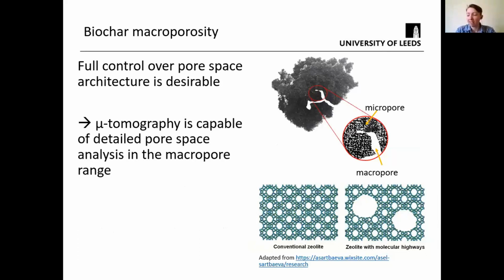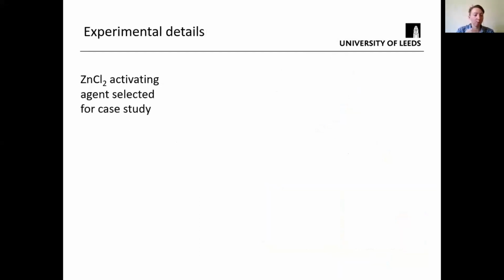Microtomography is a key technique for pore space analysis on this scale. And I'll show you some work on why I think that is. So for this experiment, I chose one key activator, which is commonly used, zinc chloride, as a sort of proof of concept type study to see if indeed the macropore structure was altered.